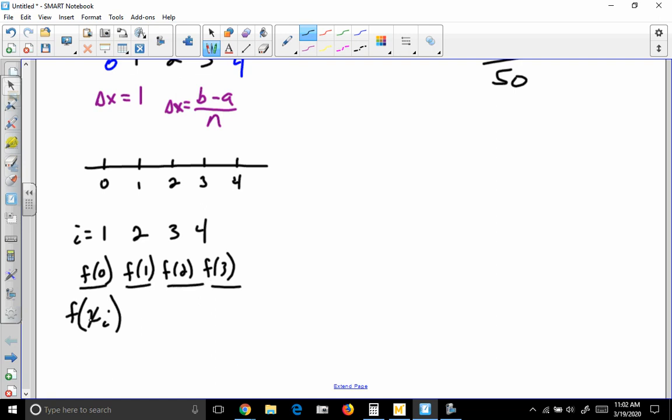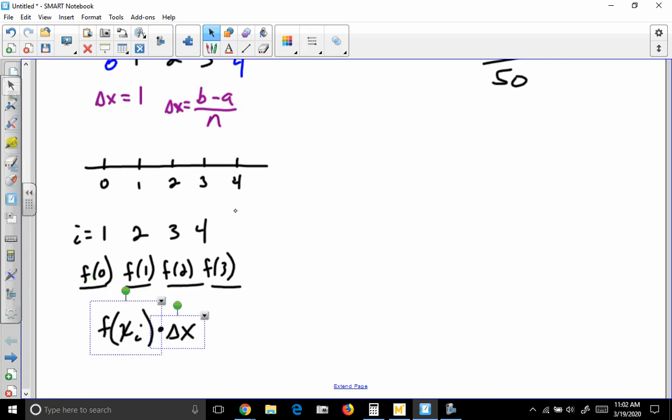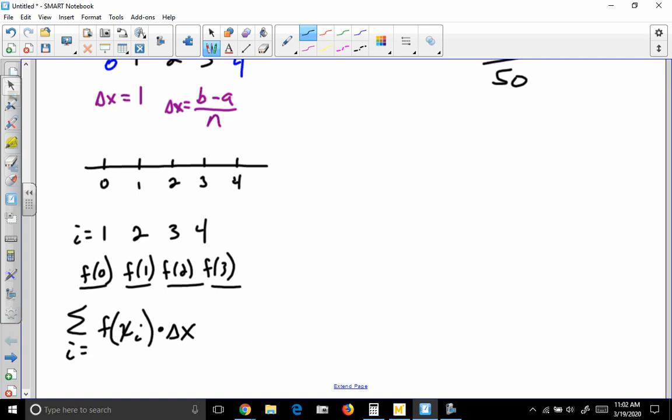So our function value at each x sub I times the width, which is delta x. And we need to add all of those together. So we're going to sum that from I equals 1 to, in this case, 4. But other cases, n.